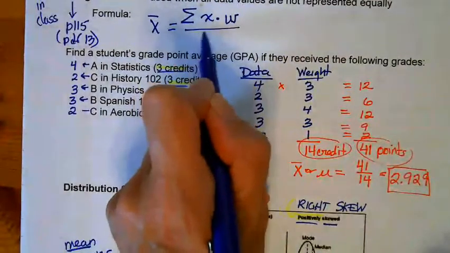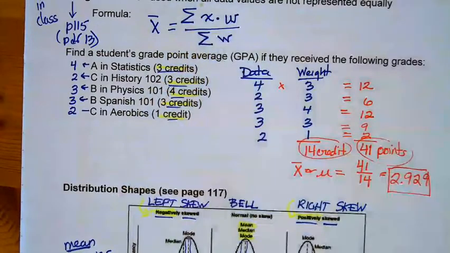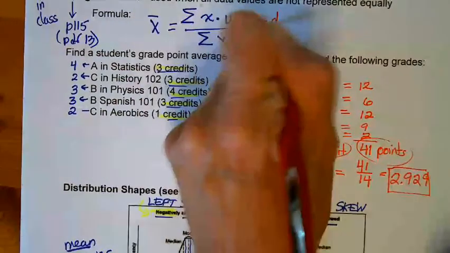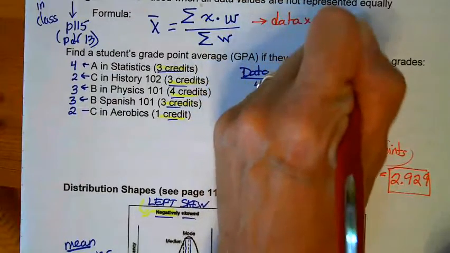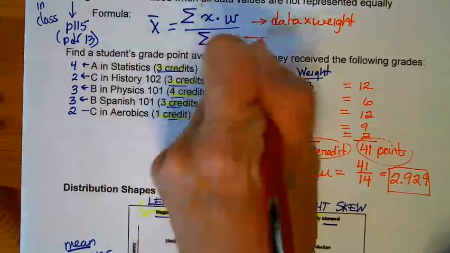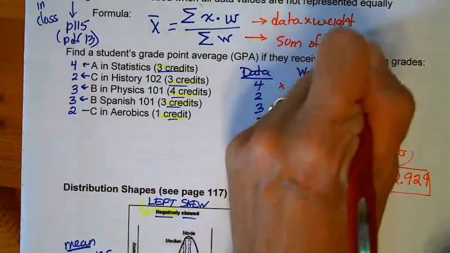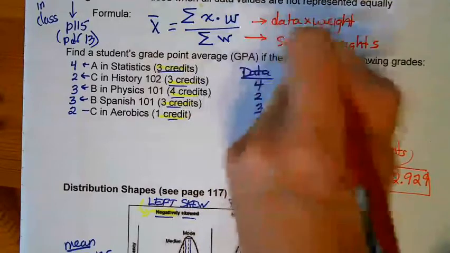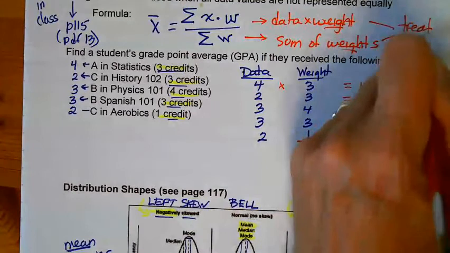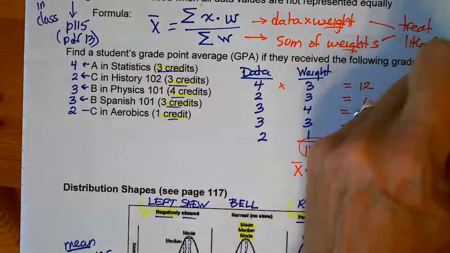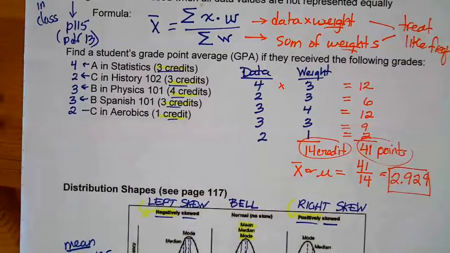And you would divide by the sum of all the weights. This is your data times how much each is weighted, and then down here, it's the sum of what they are calling the weights. All we are saying is look at those weights and basically treat them like frequencies. So that is really it for that.